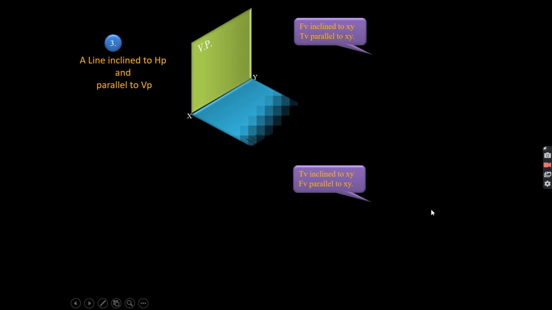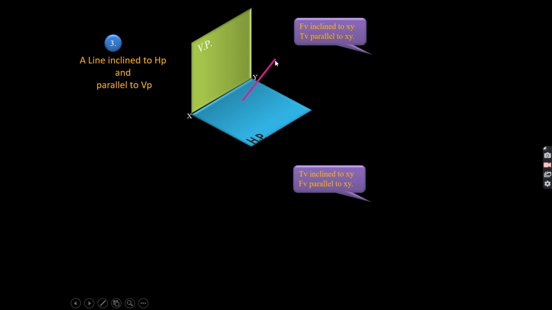In the same way, if a line is inclined to the HP and parallel to the VP, you can take the inclination of the line as 30 degrees. So this is your line, and this inclination is 30 degrees from the HP. The end position of this point you can take as 20 mm, and the length of the line as 50 mm.